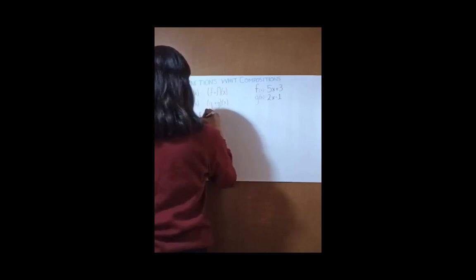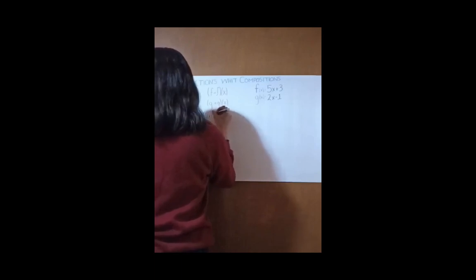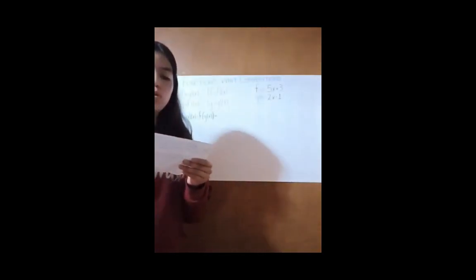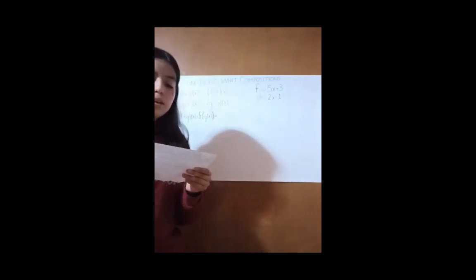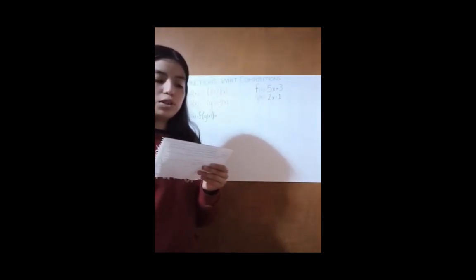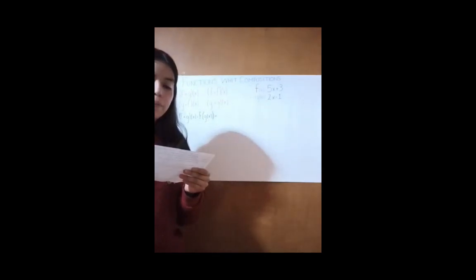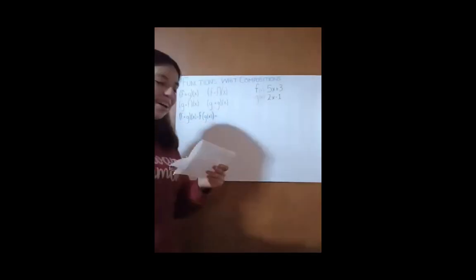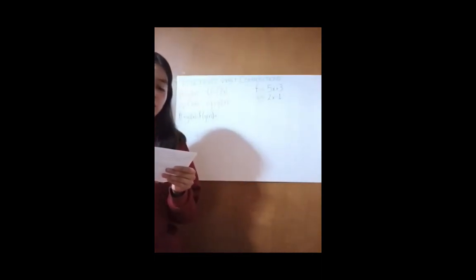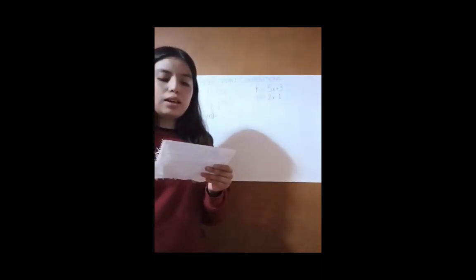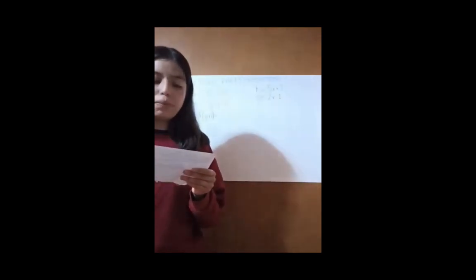What we are going to do to see that very clearly is to write the function f here in front, because it is the first function that appears here. We write the function f, but instead of the x, we're going to write parentheses in this way. We have 5 times the parentheses plus 3.